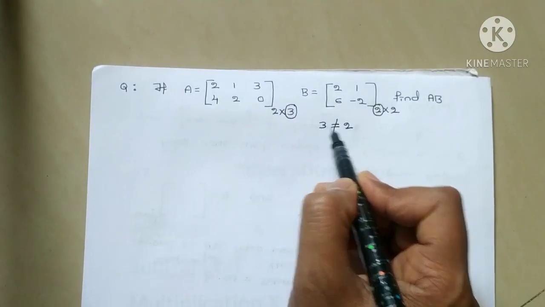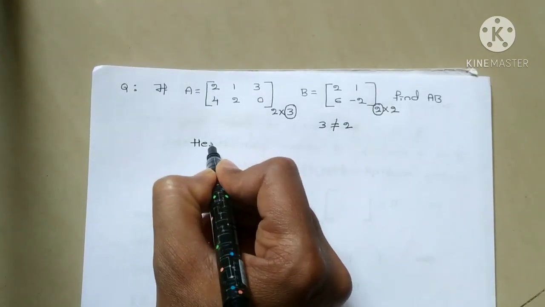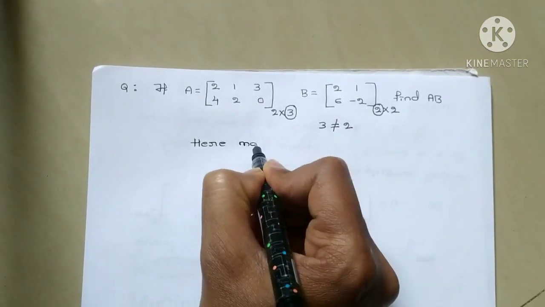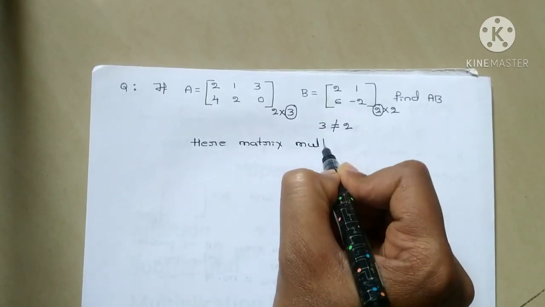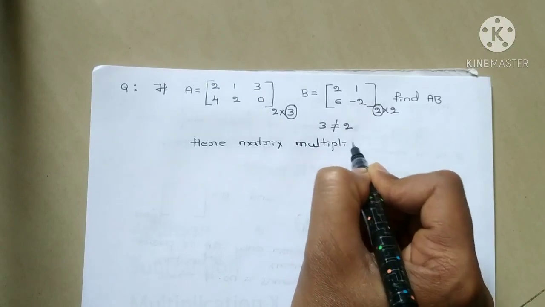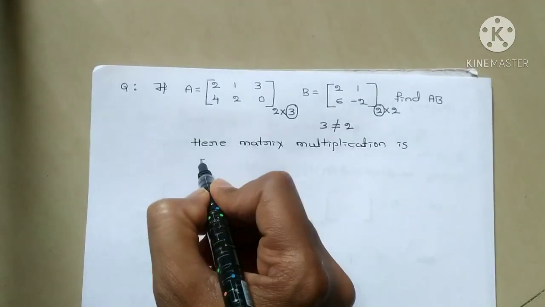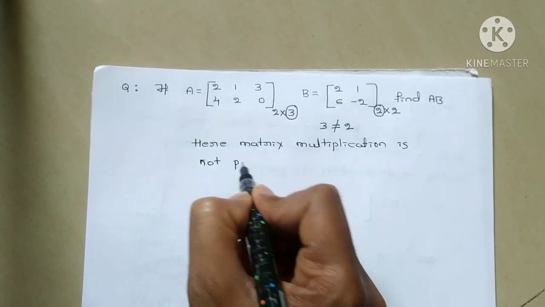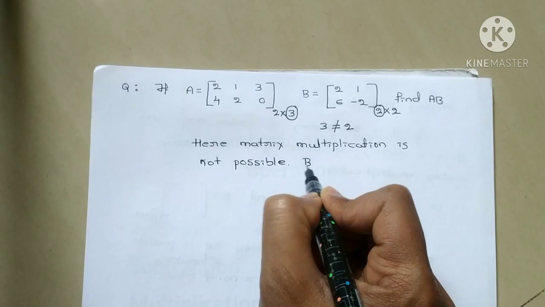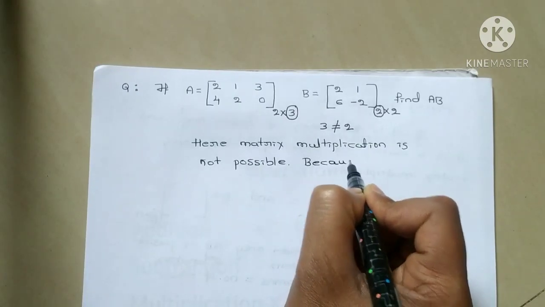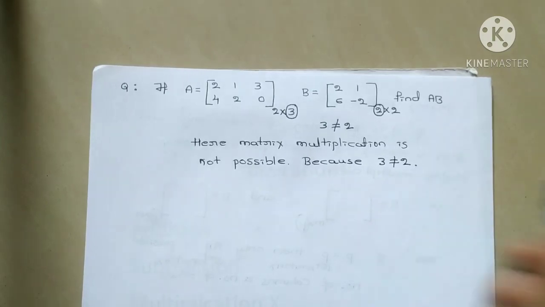If both are not equal, then you have to write here matrix multiplication is not possible because 3 is not equal to 2.